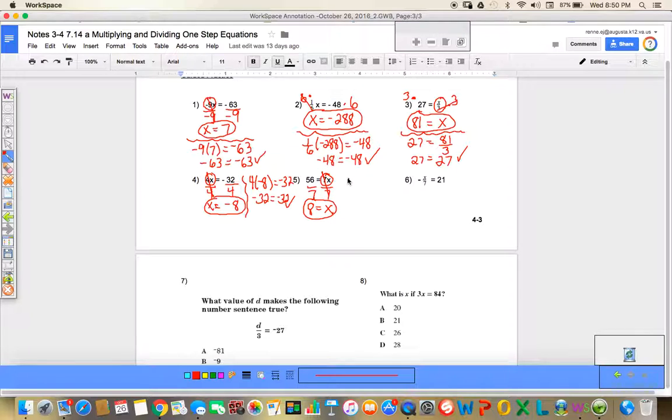So I'm going to take and show my check over here. So 56 equals, okay, number in front of letter means multiply, so I'm going to take 7 times 8. And 7 times 8 is, of course, 56. Since both sides equal each other, I know my answer checks.